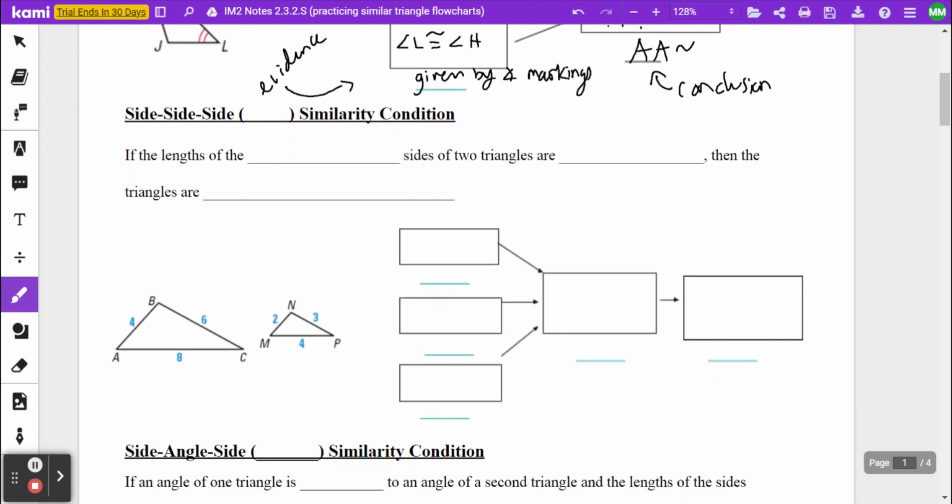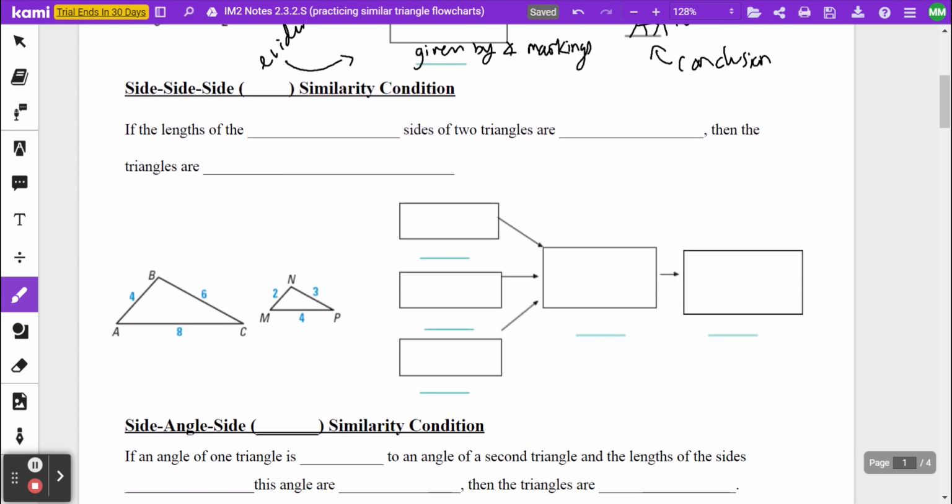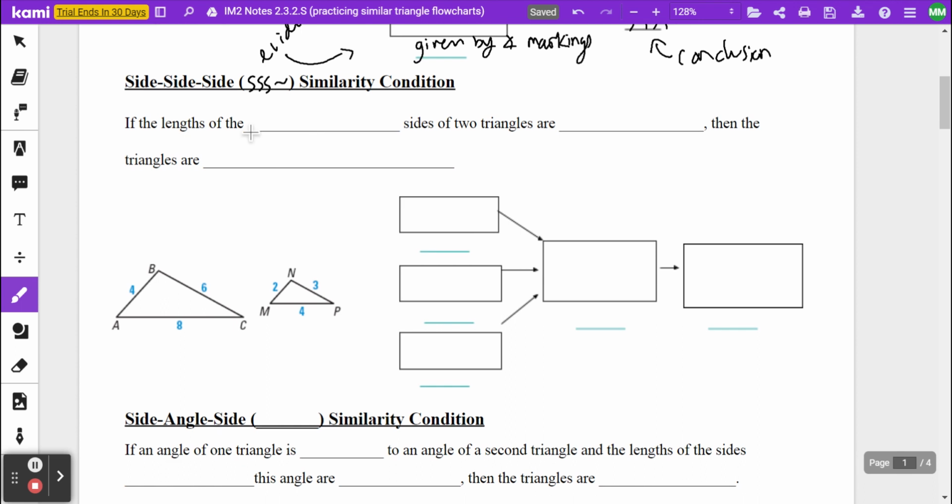We continue. Side, side, side. If you guessed this was abbreviated as SSS with a little tilde, you were right. If the lengths of the corresponding sides of two triangles are proportional, then the triangles are similar.